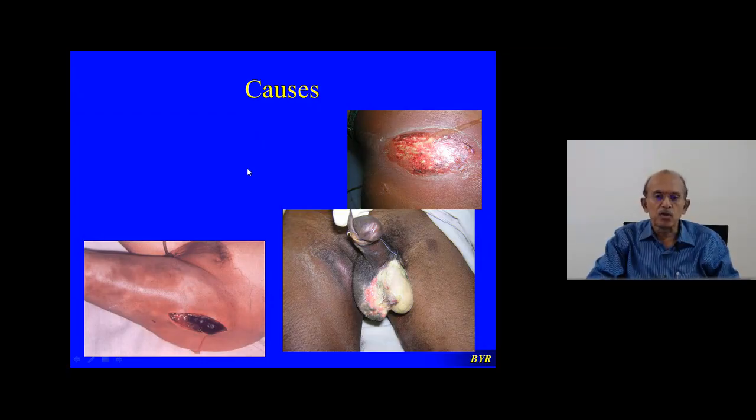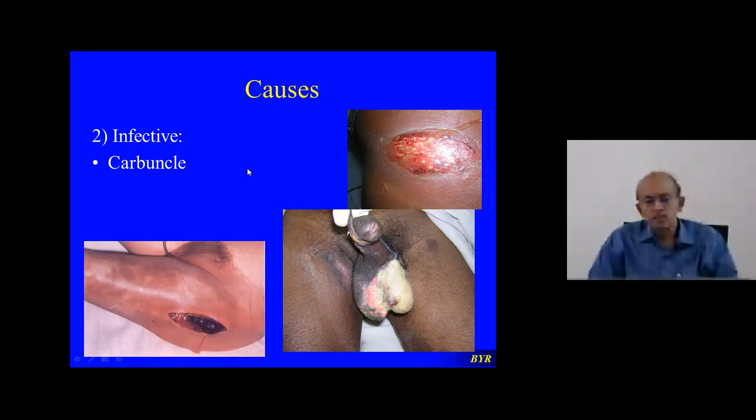The other cause for producing gangrene is infective causes. Example, carbuncle. What is carbuncle? Define carbuncle. I told you two times so far the definition of carbuncle.